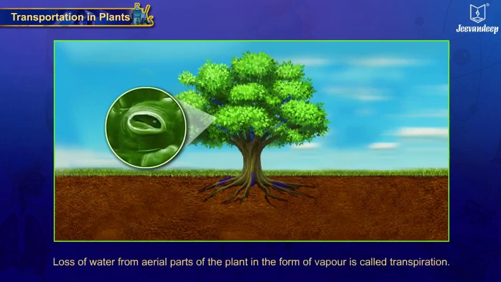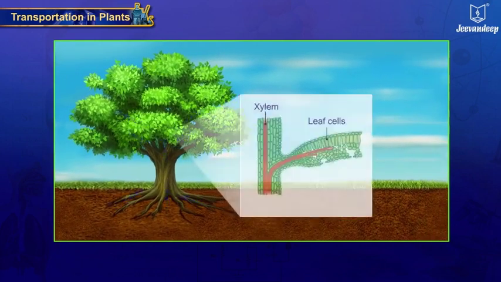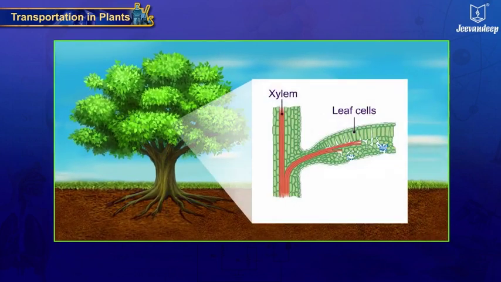Loss of water from aerial parts of the plant in the form of vapor is called transpiration. Transpiration from the surface of the leaves results in a decrease in the water content of the leaf cells. The water which is lost from the leaf cells is replaced by the water from the xylem vessels of the leaf.